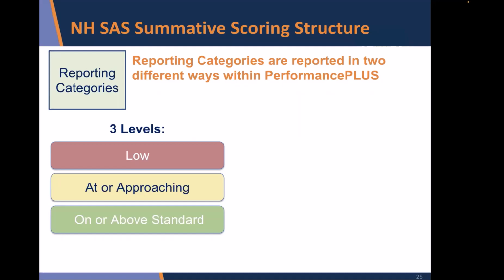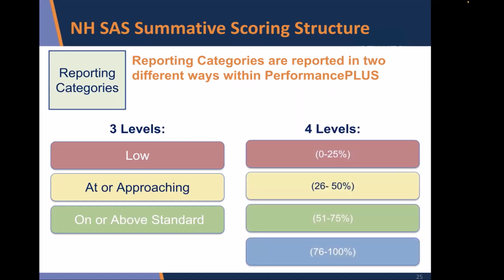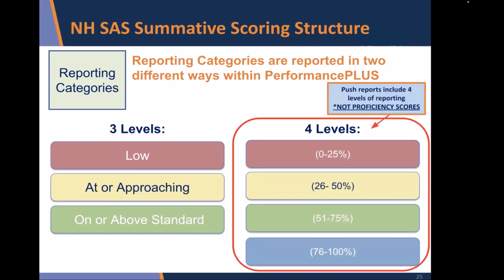Within Performance Plus, we have the ability, which is a little bit different than the Cambium portal, to pull information out and give them, for some reporting categories, they'll be asterisked. I'll show you what they look like. In the push reports, anything with an asterisk next to it will be 4 levels.